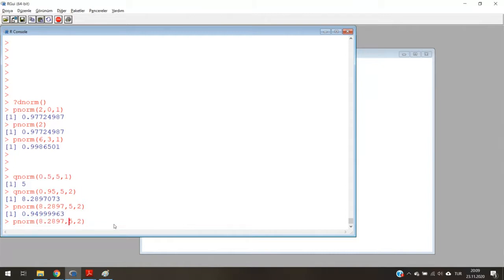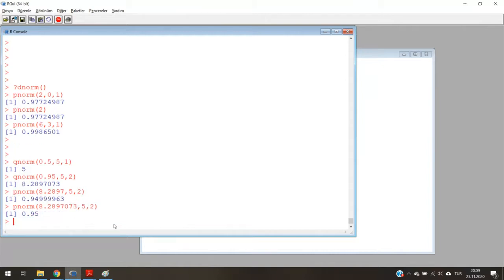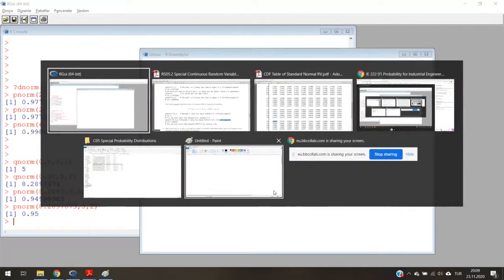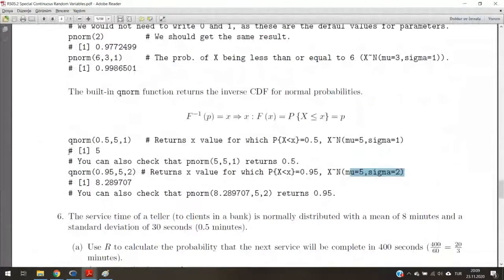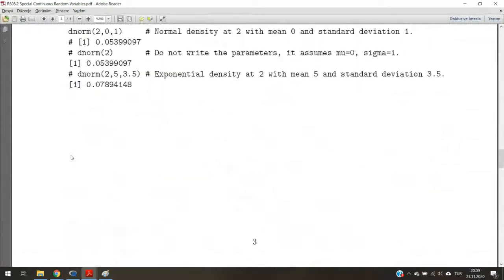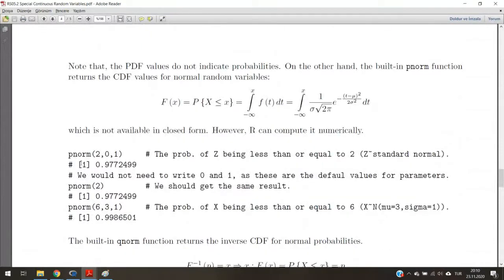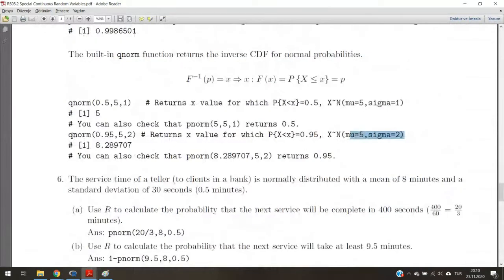But if you want to continue like this, of course, you are going to get the exact value 0.95. Okay, so this is how the inverse CDF function works. So the trick is easy. D density, P cumulative probability, Q inverse CDF.